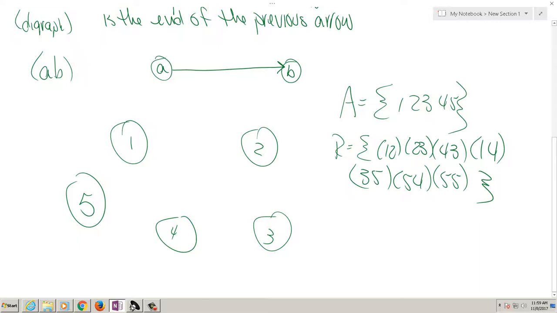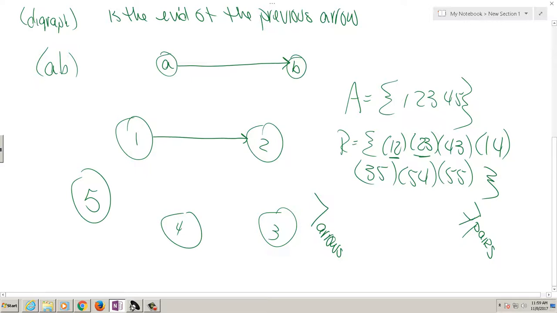So what I'm going to do is create the digraph of this relation. If there are 7 pairs, there should be 7 arrows. The arrow indicates an ordered pair. There it is, 1, 2. So I'm going to draw the line from 1 to 2. Then there is a line from 2 to 3, so I'll draw the directed arrow from 2 to 3.